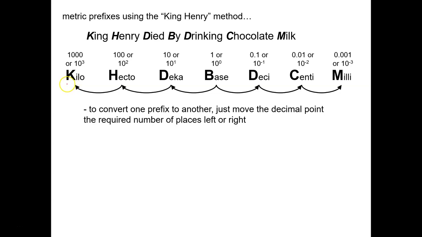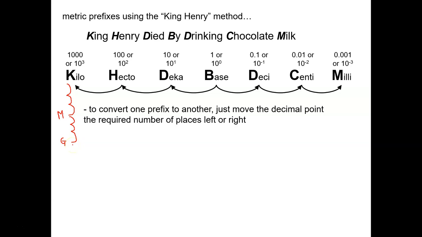So if you go 3 decimal places bigger than kilo, you actually get to something called mega. So if it's 3 places past kilo, and kilo is 10 to the third, then mega must be 10 to the 6th, right? If you go 3 decimal places past mega, you get to giga.